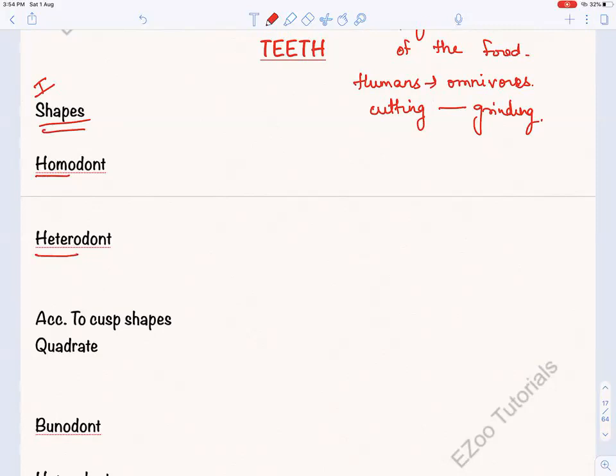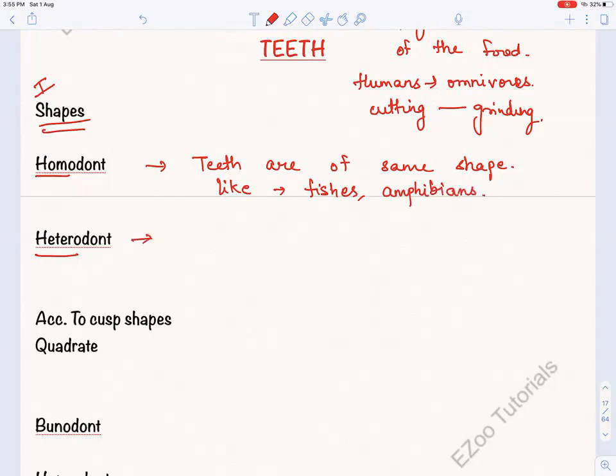So homo means when all the teeth are of the same shape, like fishes and amphibians. Hetero is when the teeth are of different shapes, like human beings.